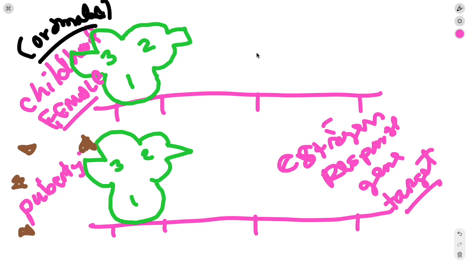Okay, so what's happening here? In the child, female or the male, anytime, the transacting domain has a shape that causes another protein to bind.